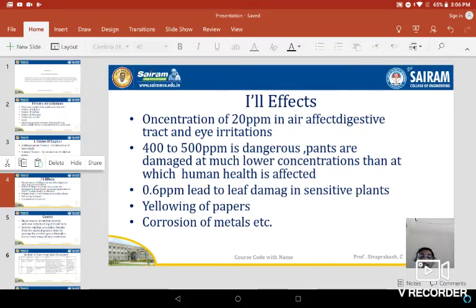And a major problem of sulfur is sulfur trioxide, and sulfur will be present in the atmosphere as sulfur dioxide and sulfur trioxide. During the process of raining, these oxides of sulfur will react with water and form sulfuric acid rain.